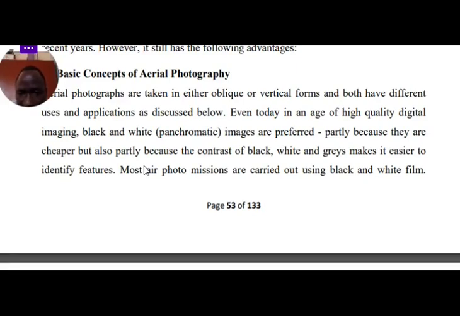Here they are saying that partly because they are cheaper, but also partly because they contrast the black, white, and gray, it makes it easier to identify the features. Once they are taken, the usual colors displayed are black, white, and also gray.